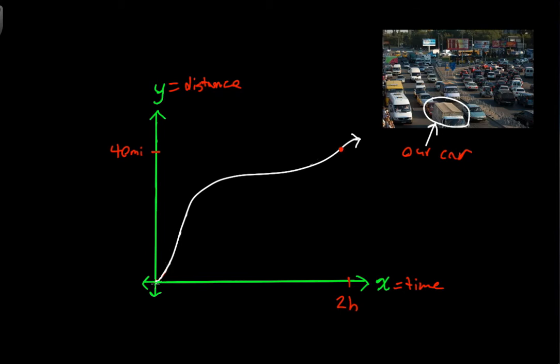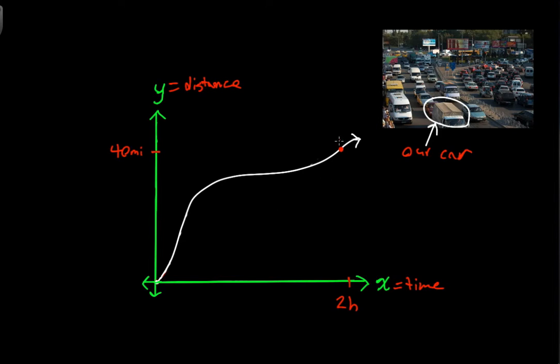It looks like we started driving here, we got to go pretty fast here, but then we slowed down a lot. But then we sped up a tiny bit, and then it looks like we reached our destination, maybe. So we could suggest, maybe during this period there's a lot of traffic. That seems to make enough sense.